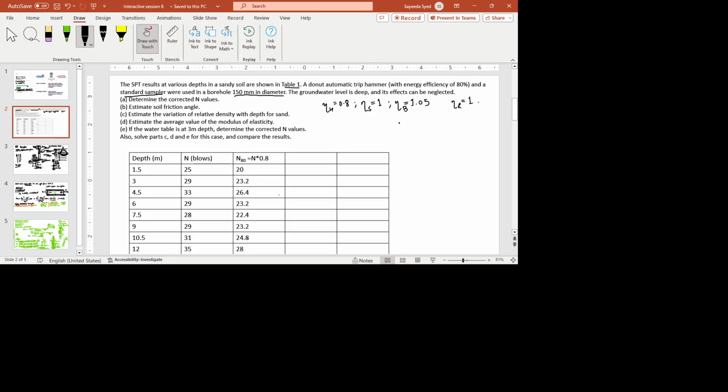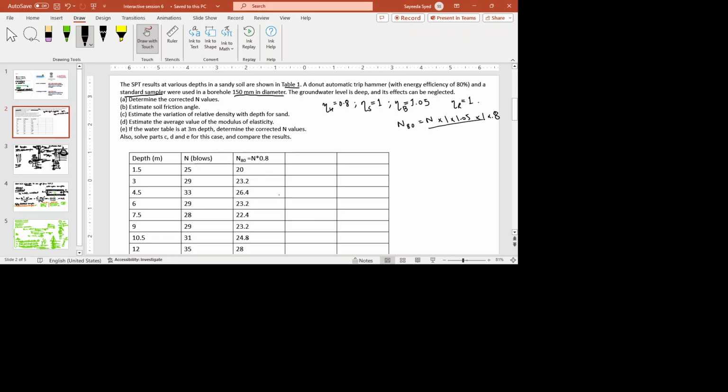So N corrected, or N80, let us write, is N into 1 into 1.05 into 1 into 0.8.